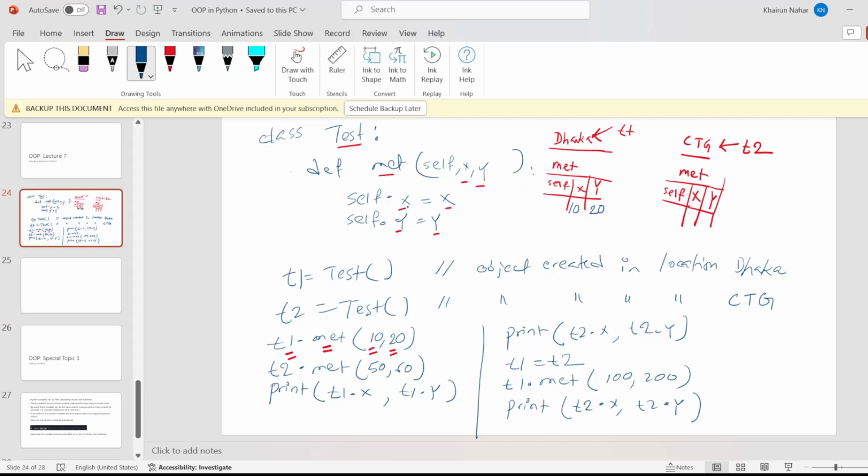And over here, two more variables are created. These are instance variables, x and y. X will have 10 and y will have 20. So I'm saving whatever I have in the local variable x to the global variable x. Whatever I have in the local variable y is being stored in the global variable y.